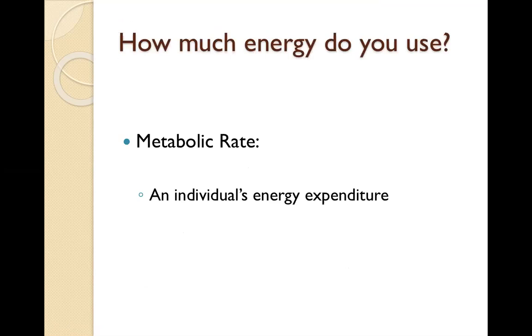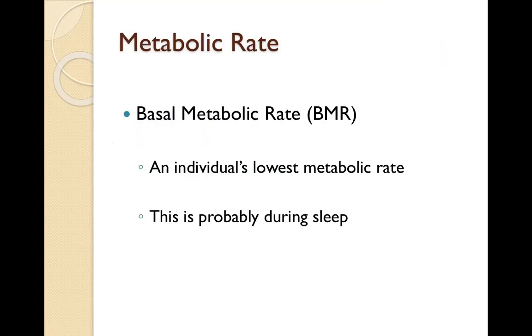So now the question is, how much energy do we use? The amount of energy that a person uses is determined by their metabolic rate, and this is just an individual's energy expenditure. A couple of values and concepts that you need to be aware of. When we talk about metabolic rate, there is a concept called basal metabolic rate, or BMR.